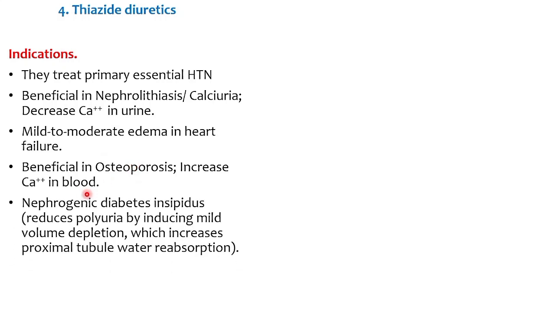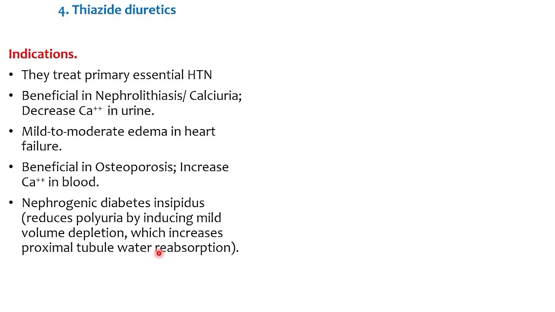They're also good when it comes to dealing with nephrogenic diabetes insipidus. How? It reduces polyuria by inducing mild volume depletion, which increases proximal tubule water reabsorption. So this drug is very important when it comes to managing nephrogenic diabetes insipidus.